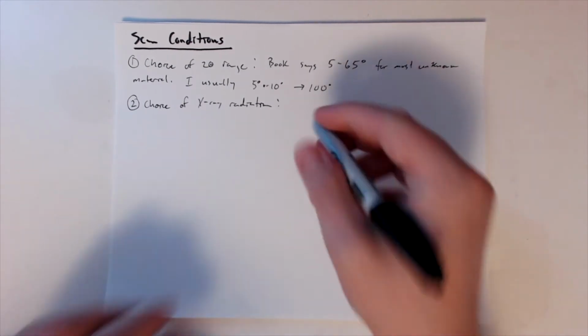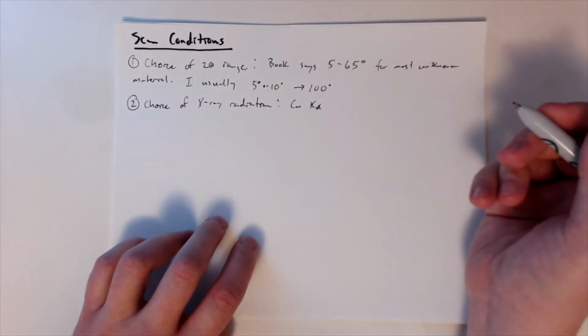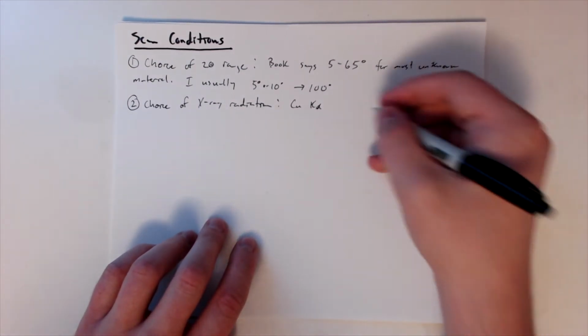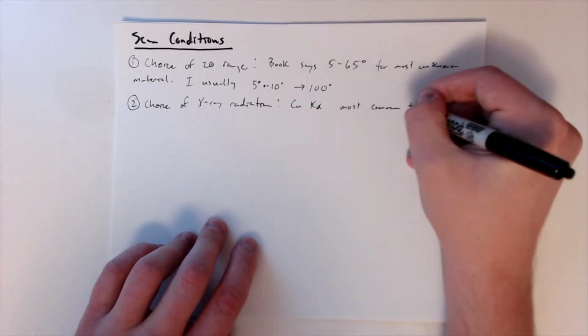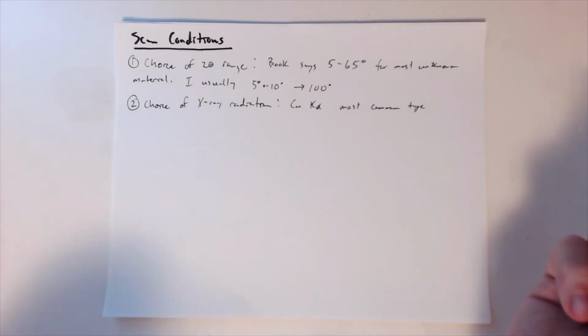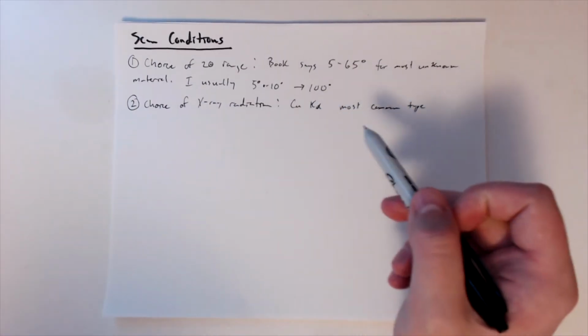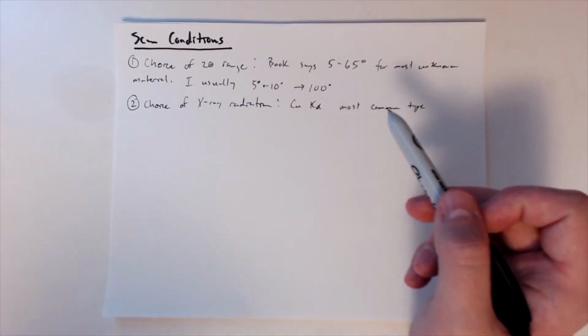And so the common one is copper K alpha. This is what our instrument in the MSE program uses, and it's the most common. So basically the X-ray tube has a copper target, and then we filter out the K beta like we talked about before. So a lot of times you don't have choice.